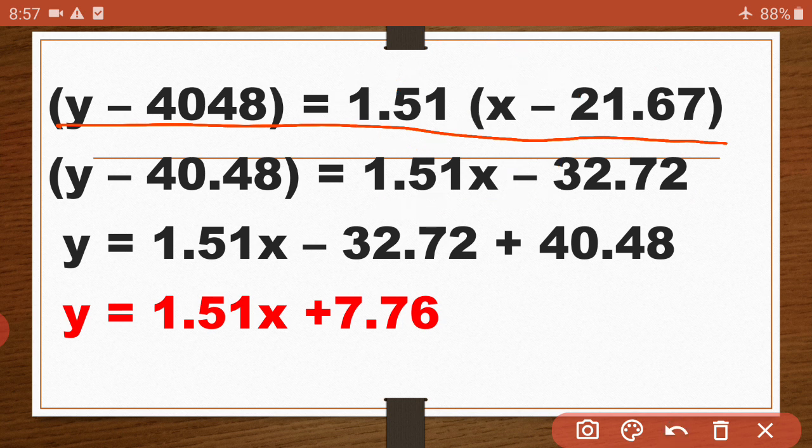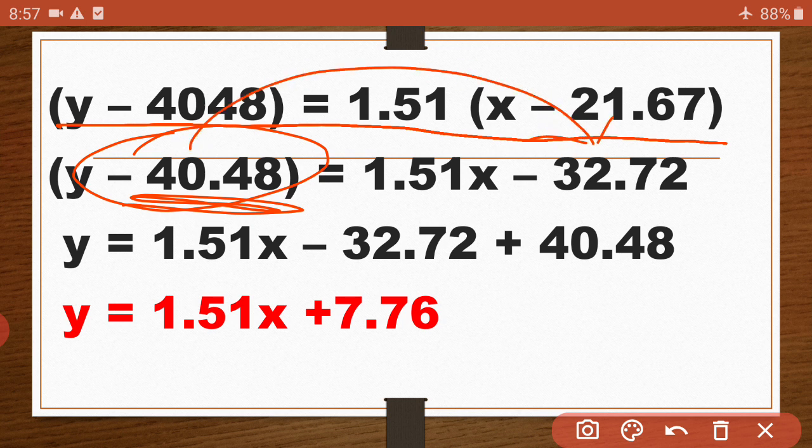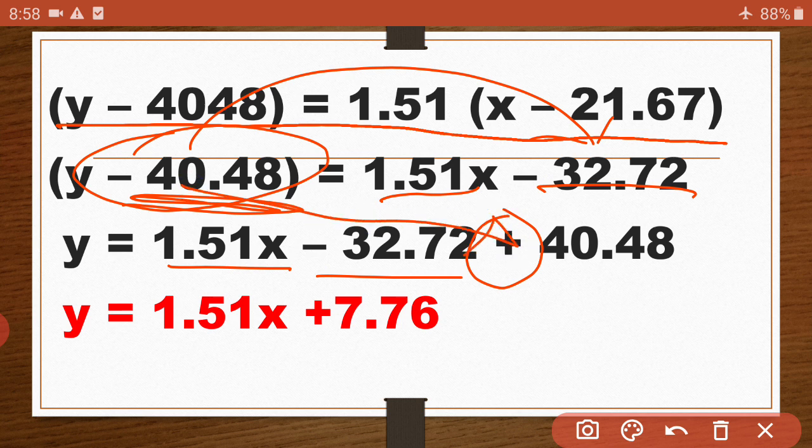After this step, here the 40.48 is minus, so we transfer this value to the opposite side. So here the minus becomes plus on the opposite side. So similarly 1.51x minus 32.72 as it is, and plus this value, here we write plus 40.48.